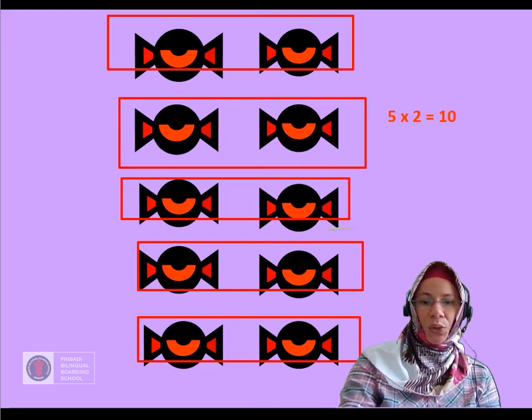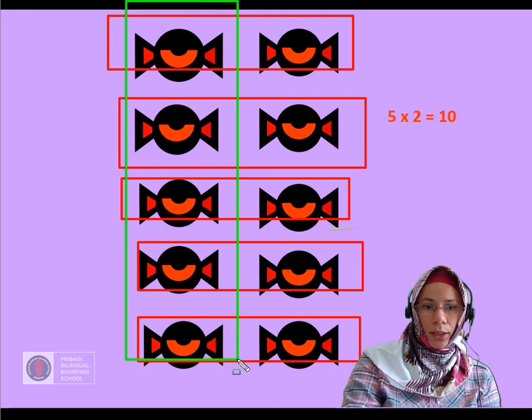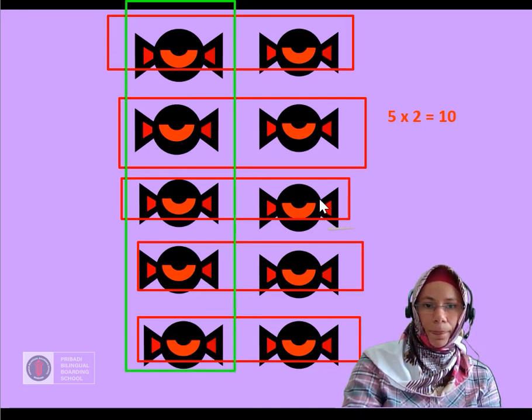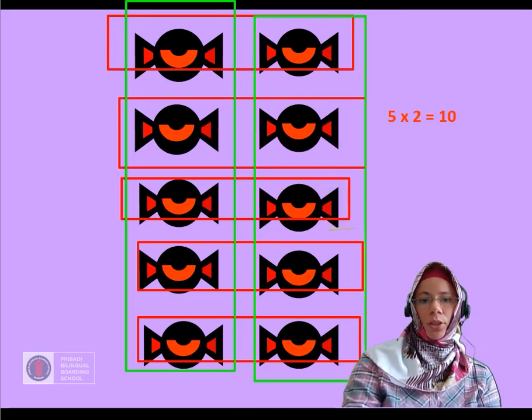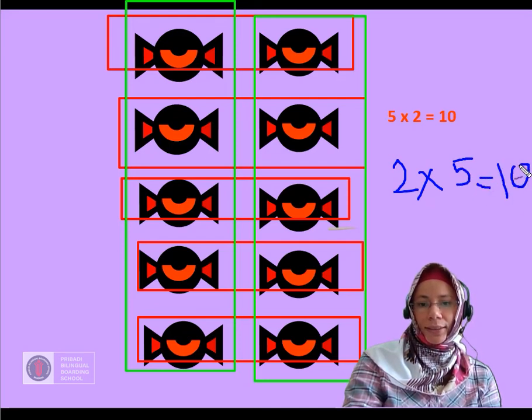So how can we write it with columns? We can choose the green. Let's do columns. Here 1, 2. So when you write a multiplication with columns, we have 2 columns, 2 times, in each column how many? 5. 2 times 5 equals 10.